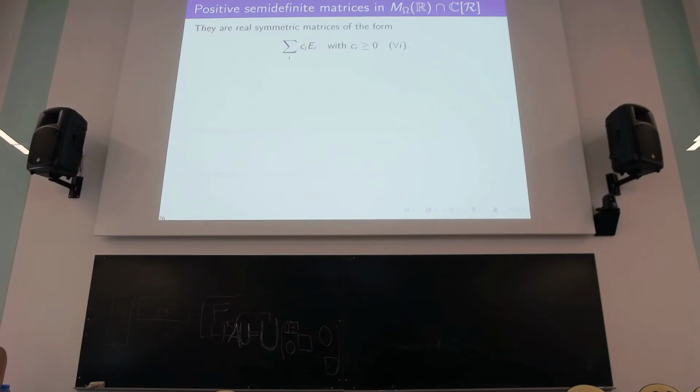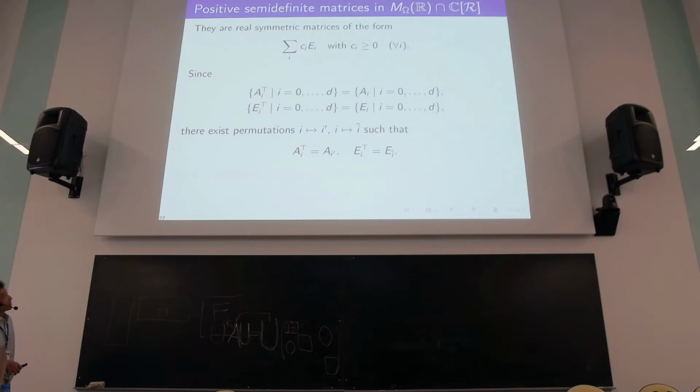So what are the positive semi-definite symmetric real matrices in the adjacency algebra? Of course, we need positive semi-definiteness, so the coefficients have to be non-negative, but we also need to require that they are real symmetric. That's not difficult to impose, because it is a star algebra, so it is closed under transposition.